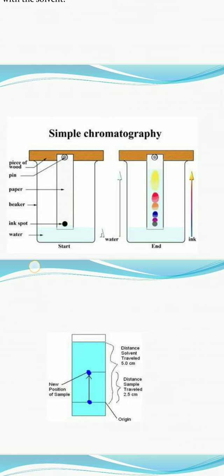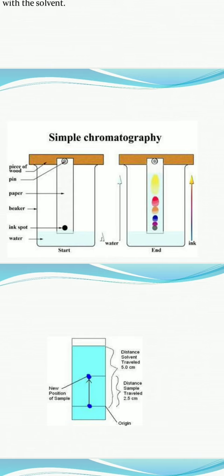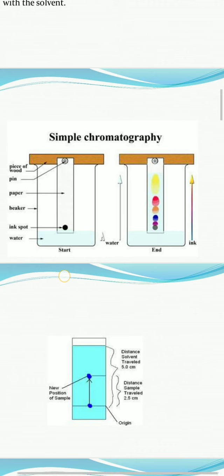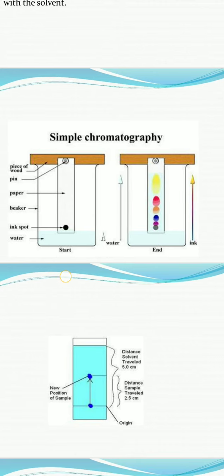When this paper is placed in the solution, through capillary action the water or the organic solvent moves in an upward direction. In this image you can see that the dot containing the different components moves upward along with the mobile phase.